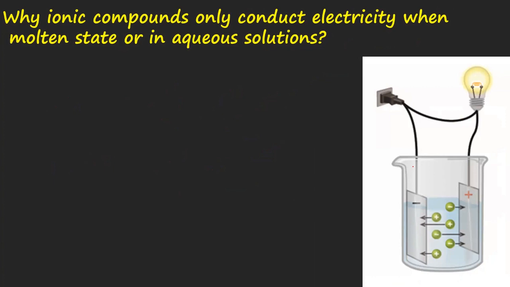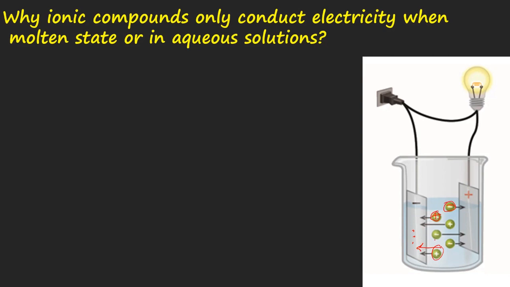So what happens when electricity is conducted? The positive is the cation, and this is the anion. They need to be moving around to pick up those electrons. Let's say electrons are sitting there, and if the ions are not moving, let's say the cation is not moving, it cannot go up to that electrode and pick up electrons.